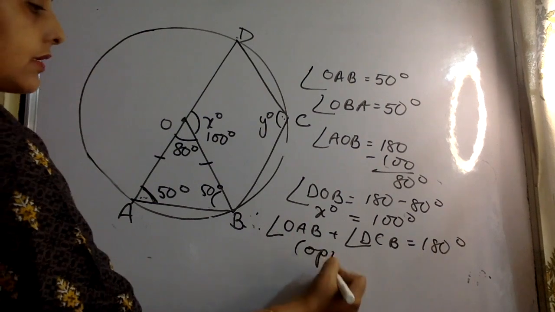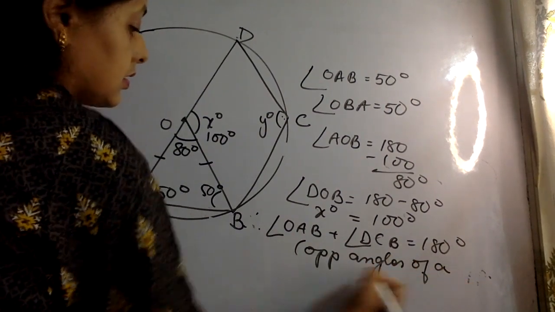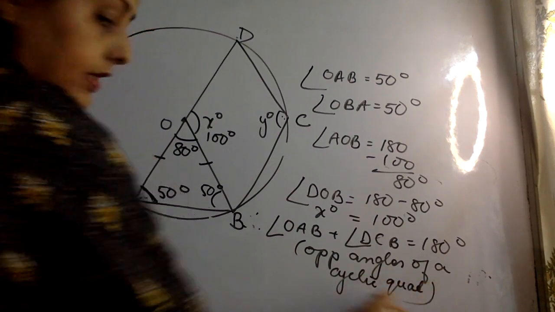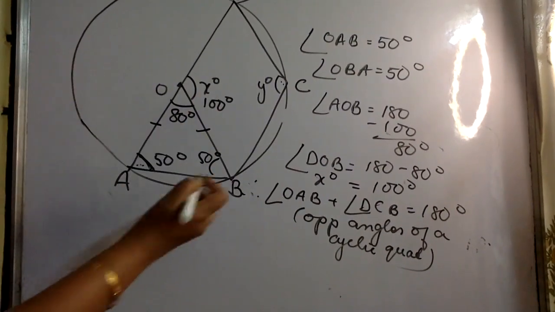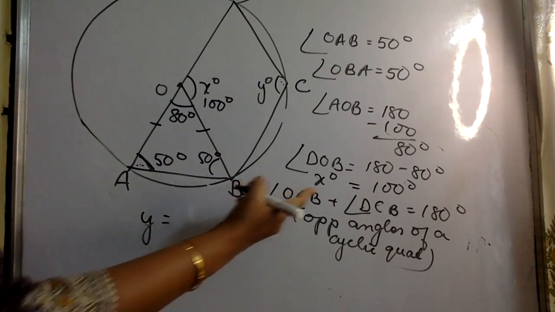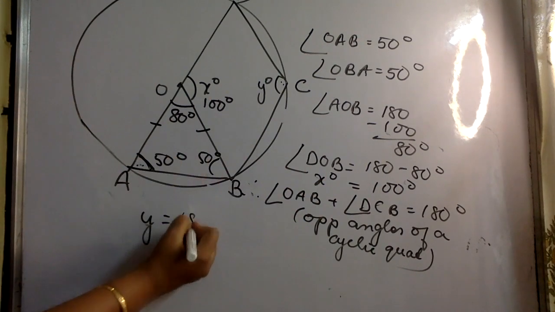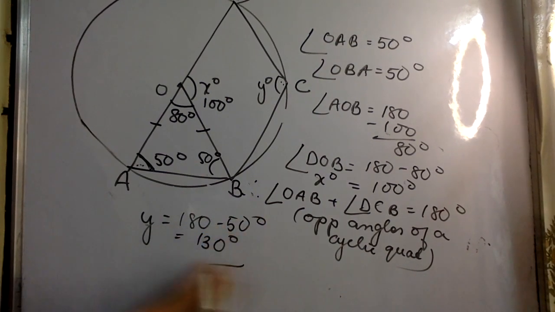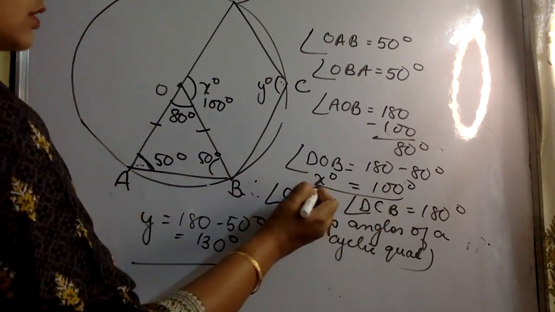Therefore we can write that angle Y or DCB is equal to 180 minus 50 degrees, which is 130 degrees. So we have got the value of x and we have also got the value of y.